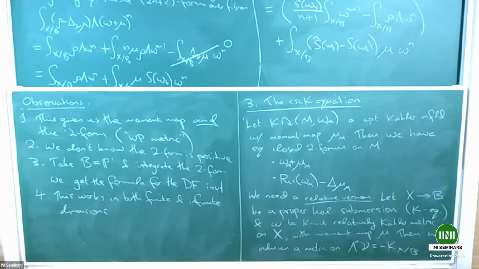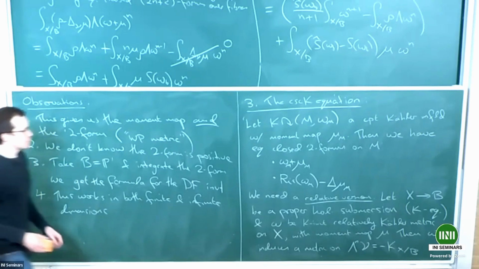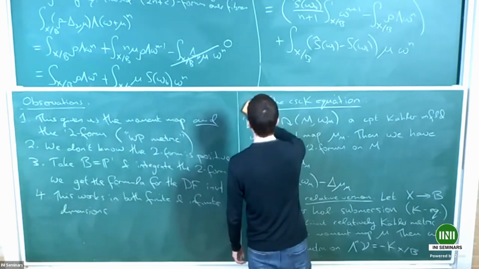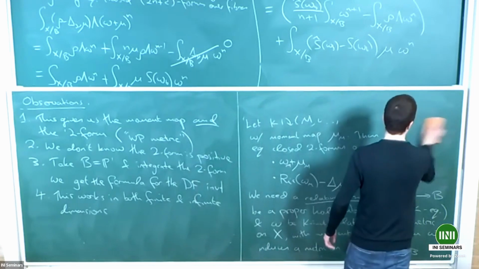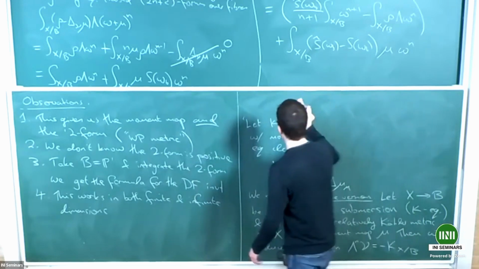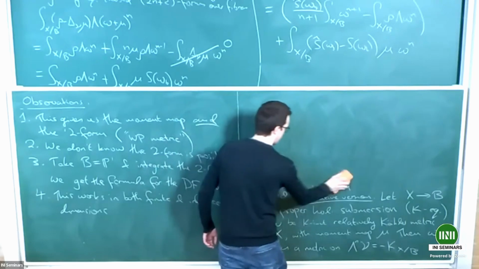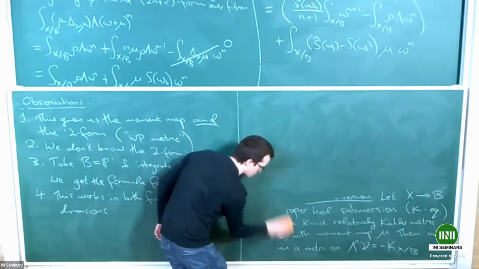Okay, so that was an already well-known example. What I want to finish by doing is showing how we can get a new example of a moment map.